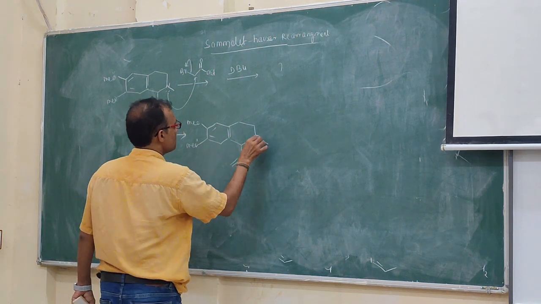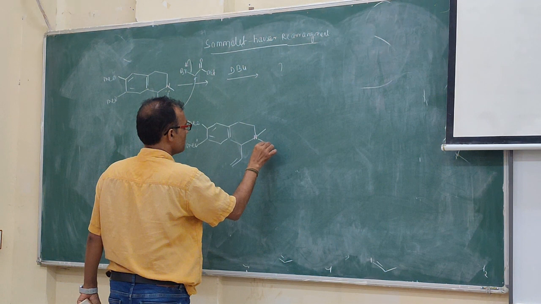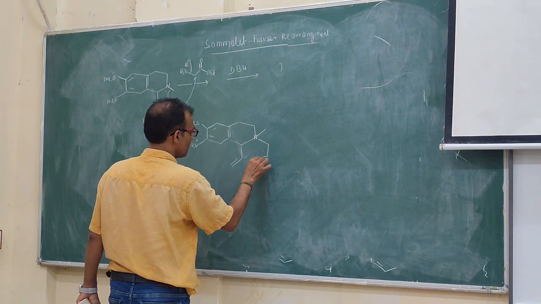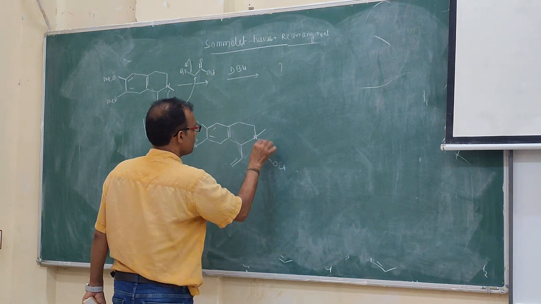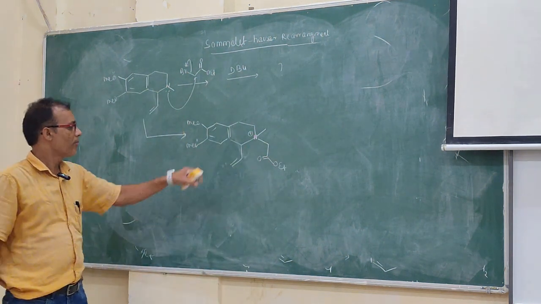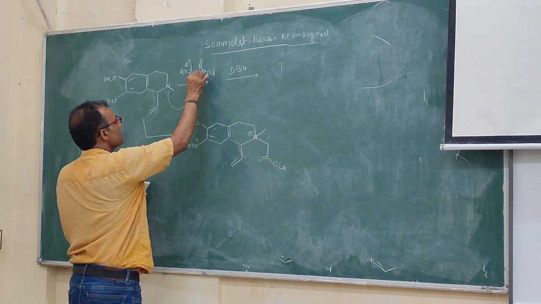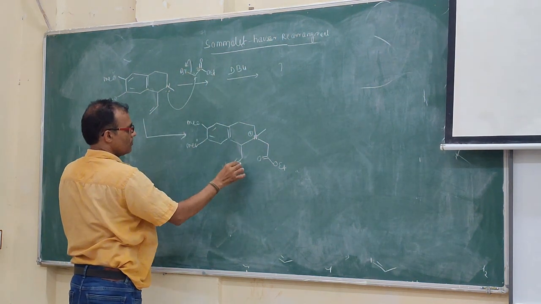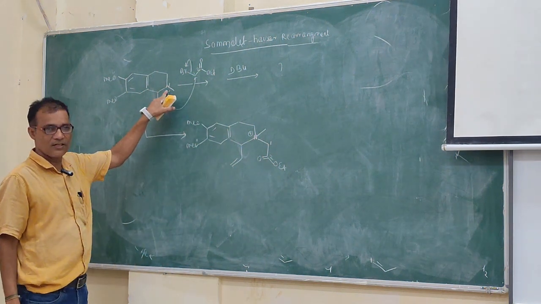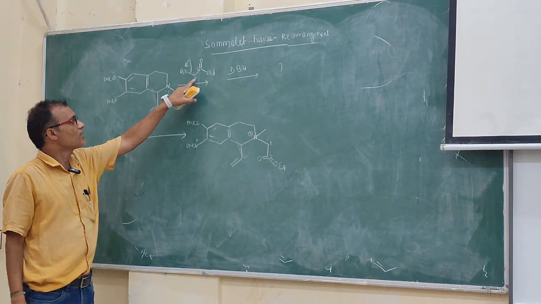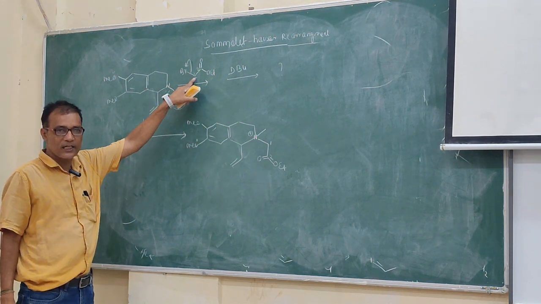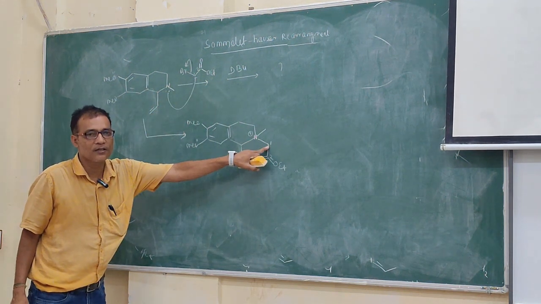Now this nitrogen attacked here. Suppose this is 1, this is 2, this is 1, this is 2. Now this nitrogen lone pair attacks this carbon bearing bromine. Bromine is removed. So nitrogen is connected to here. Now the nitrogen becomes quaternary.